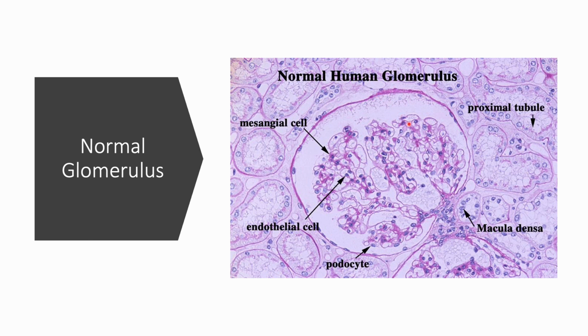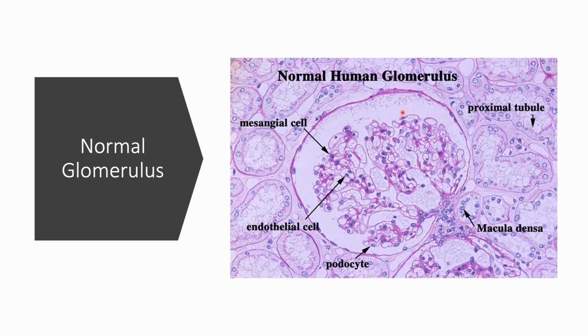And actually the cells on the outside of the capillary loops are also renal epithelial cells. These cells here are called podocytes. So then we have two kinds of renal epithelial cells: the cells here lining Bowman's capsule, and the cells here that are called podocytes.